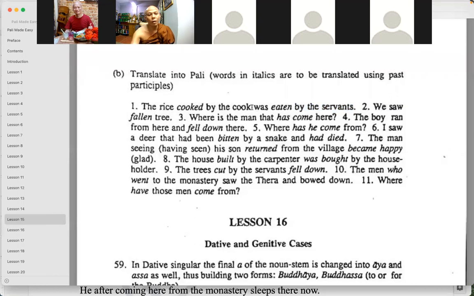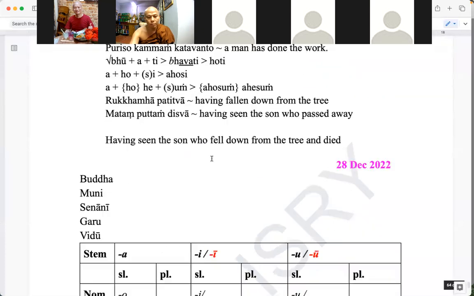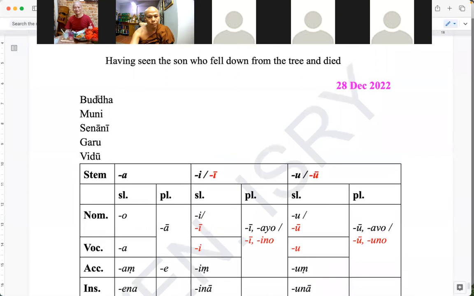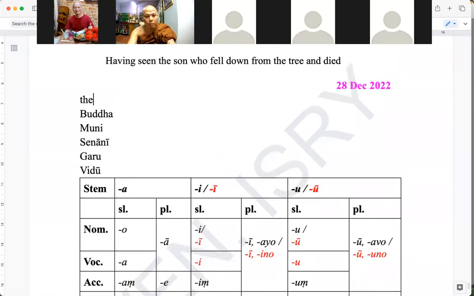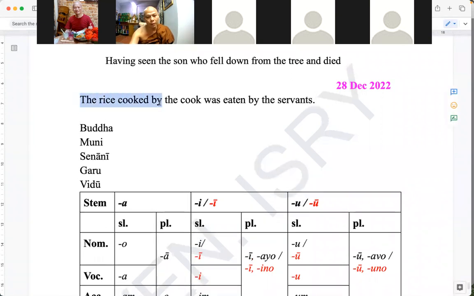Now the first phrase is the rice cooked by the cook.